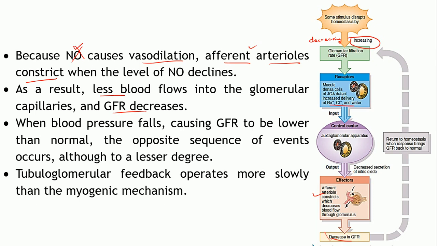So what will happen to the levels of these ions and water? They will be decreased, right? If there is a low level of these ions, the macula densa will sense it, and what will happen to the generation of NO? It was inhibited, right?